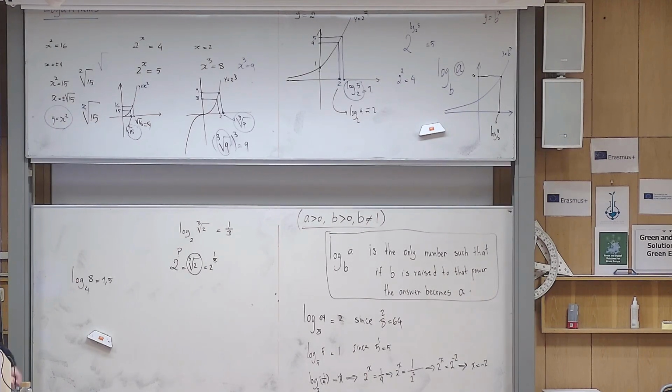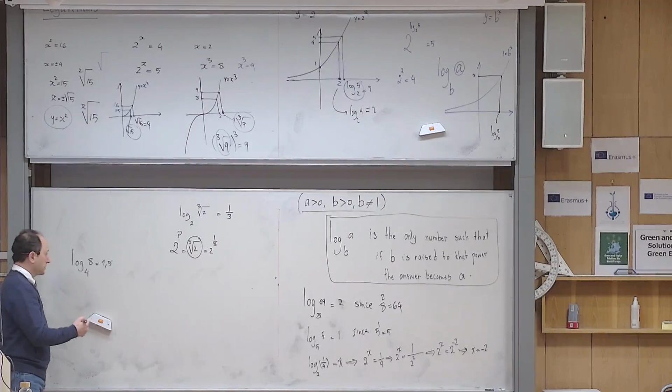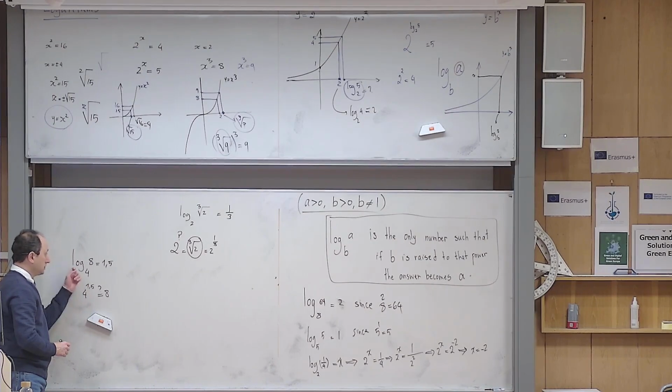If you want to check whether this is true or false, there is only one way to check it. You need to ask yourself, is it true that 4 to the power of 1.5 is equal to 8? If the answer is yes, then this is true. If the answer is no, this is false.